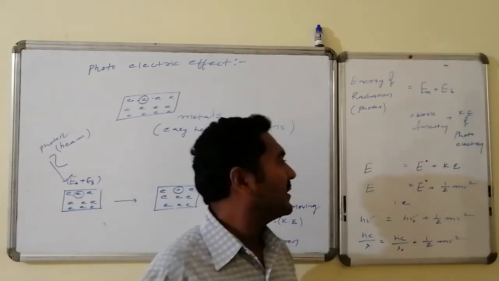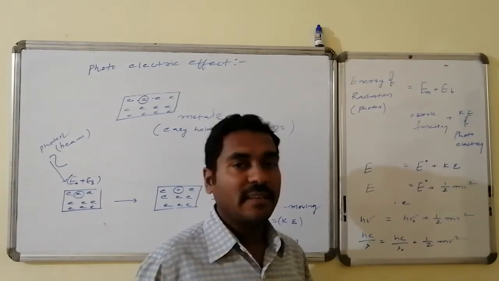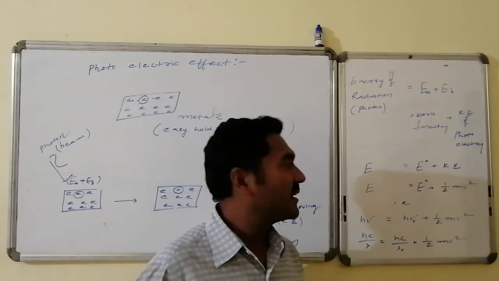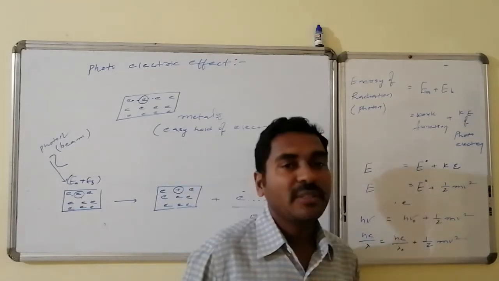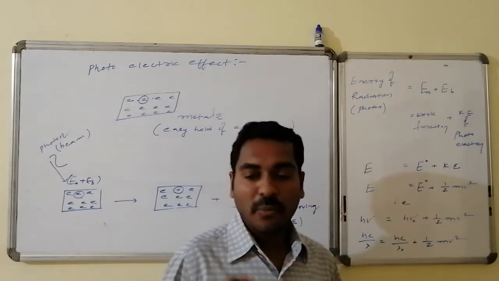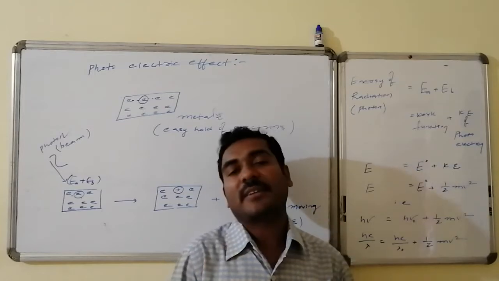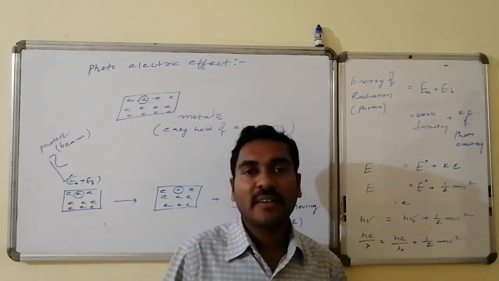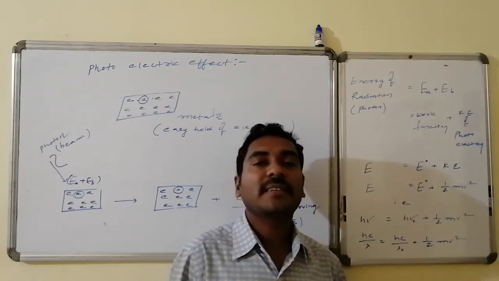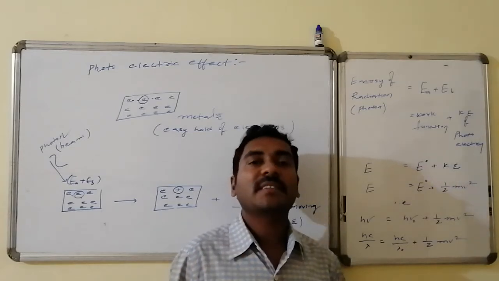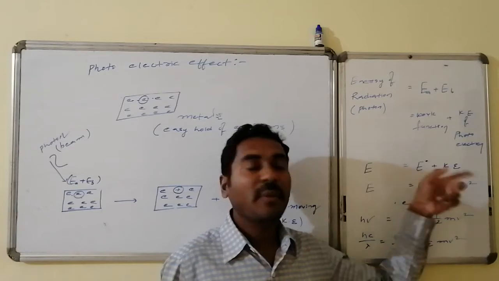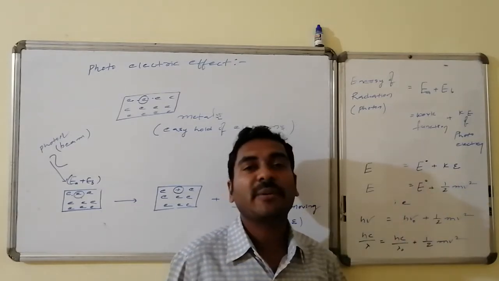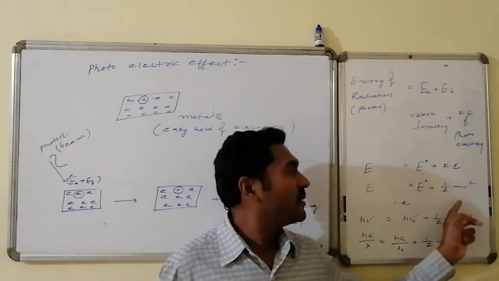Mathematically this can be given as E, the energy of the incident electromagnetic radiation, equals E0 plus kinetic energy. E0 is the work function, the minimum amount of energy required to make the electron free, whereas the remaining amount of the incident energy is present in the form of kinetic energy Ke, which equals half mv square.